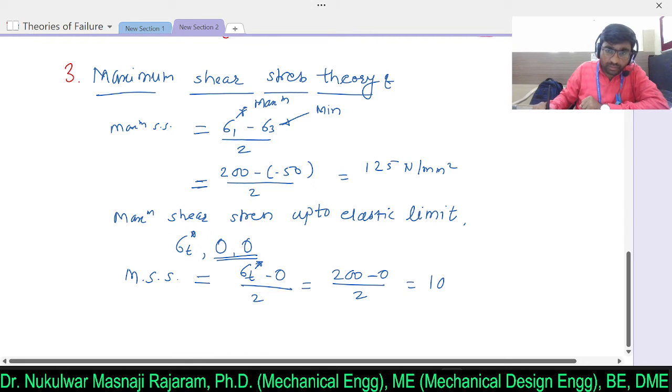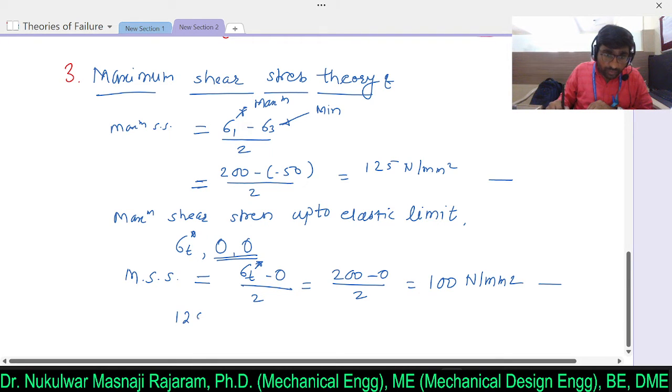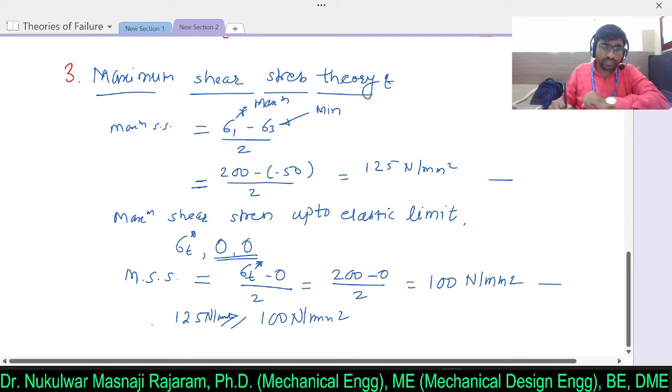It is very simple, 100 Newton per mm square. So from these two equations I can conclude that 125 is greater than 100 Newton per mm square. So the maximum shear stress in this particular system is greater than the maximum shear stress up to the elastic limit, or in the simple test.